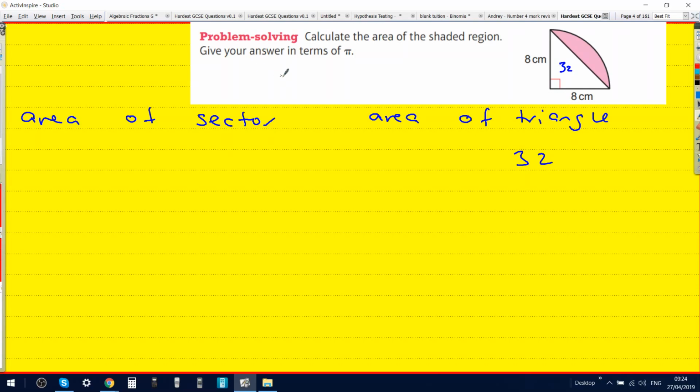So it'll be pi r squared. Well, what's r? r is 8. Yeah. And the fraction of a circle. So it's something out of 360. So it'll be 90 over 360. Yeah.